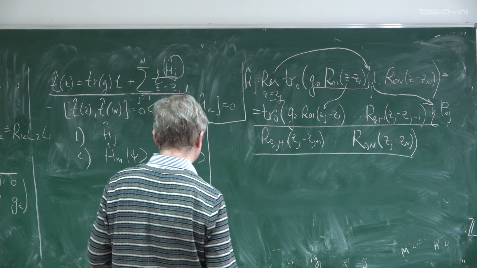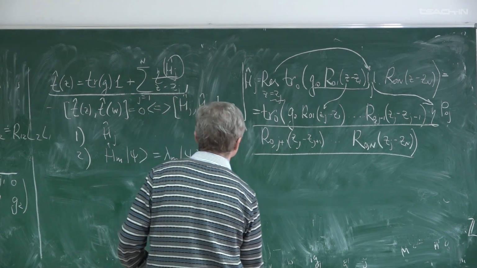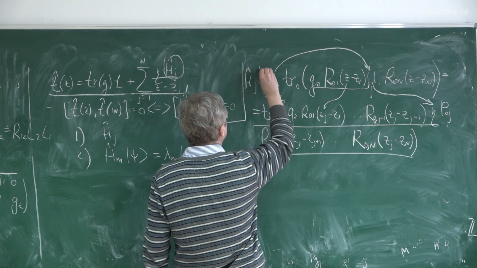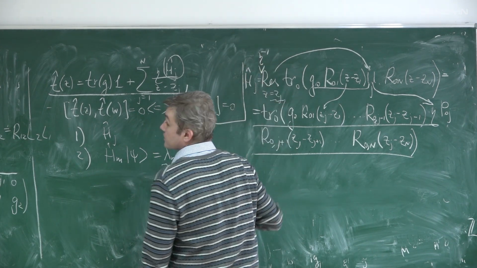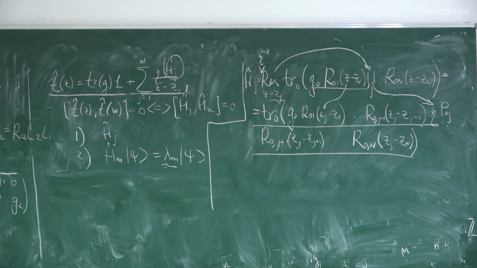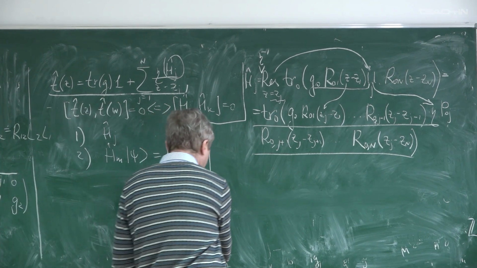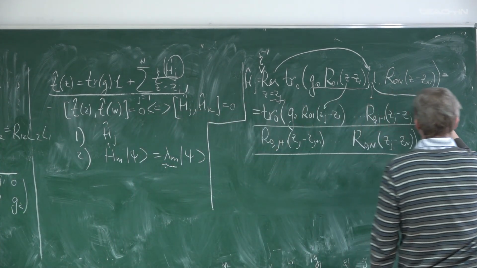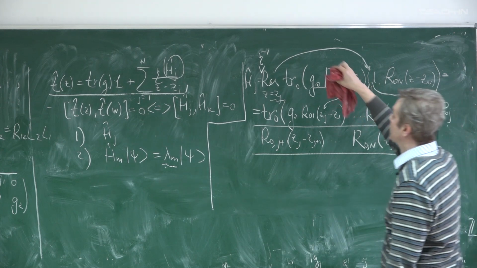Yes, that's true, I should divide it by eta, because our definition included this eta as a factor. So I now want to remove this eta from here and from here.